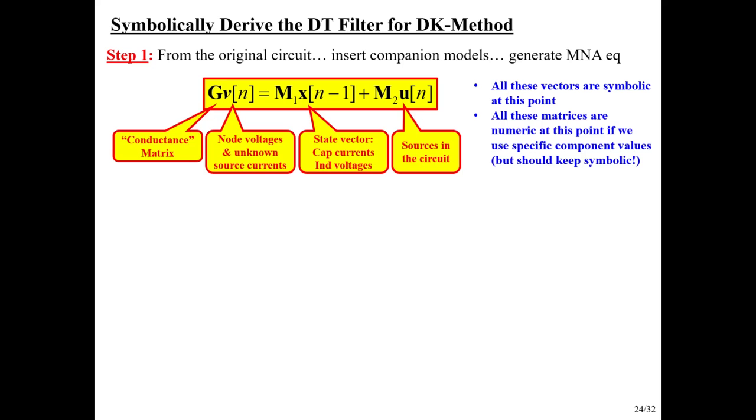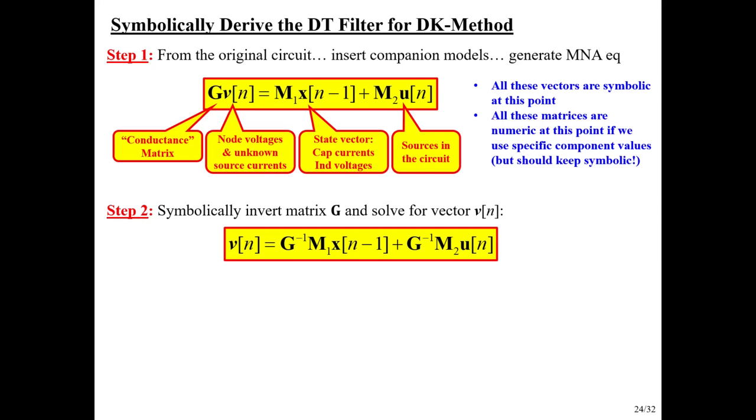Do the inversions symbolically if you can. That's why I say here, symbolically invert matrix G. Go to Wolfram Alpha, whatever you need to do. Remember, these are pretty small circuits. We can chunk our bigger amps and effects down into little stages, and that's the best way to do it. Make sure you're accounting for driving impedances and driven impedances.